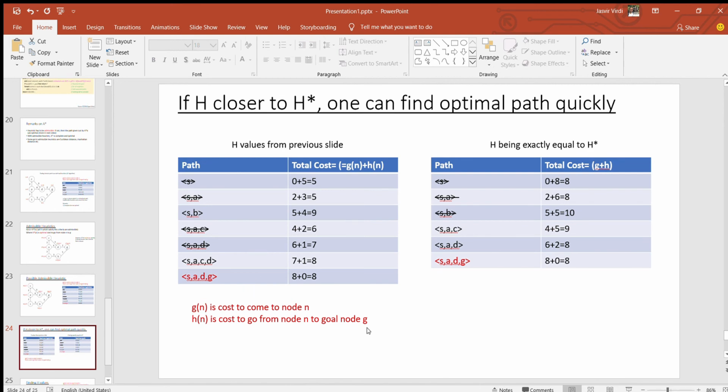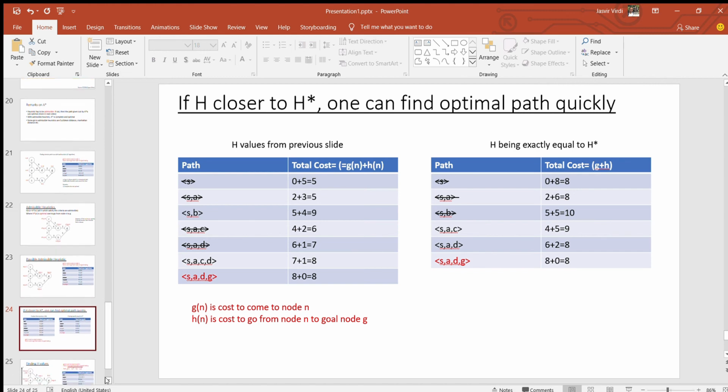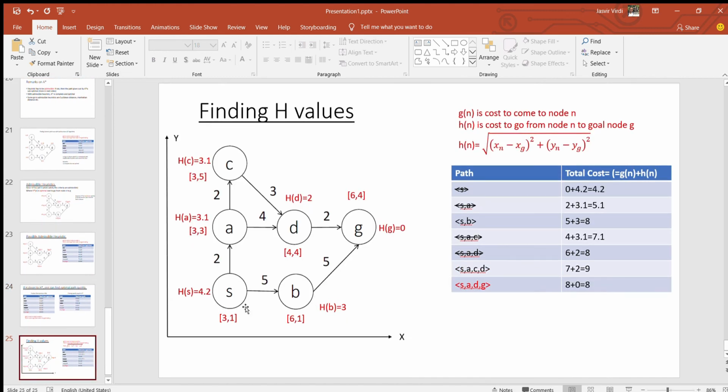So the idea is that we want the H value to be as close as possible to H star, but obviously we don't know what H star is beforehand. And I just wanted to point out one slight thing regarding how you can find the H value.